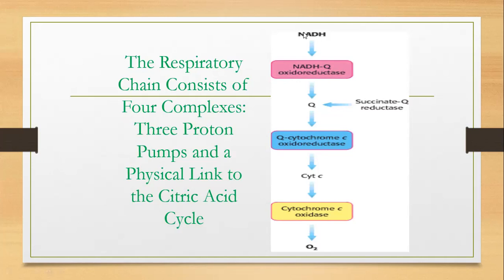Basically yung NADH, may electron na high potential, ipapasa yun sa Q, sa ubiquinone. Tapos yung enzyme na tumutulong sa pagpapasa ng electron, we call that the NADH Q oxidoreductase, also known as complex number 1.